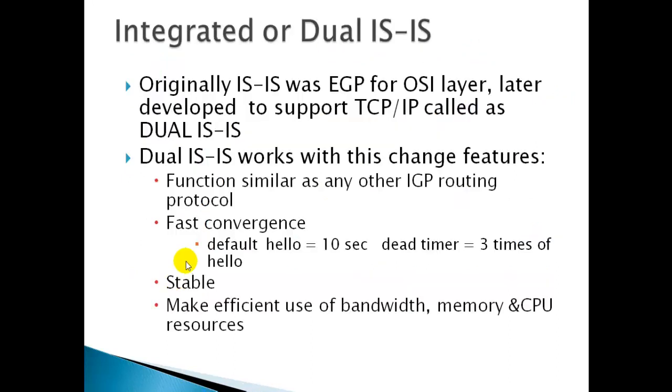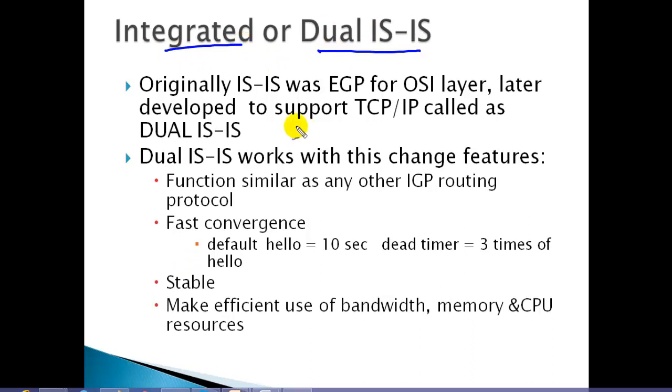As I said, IS-IS has been modified, which we call dual IS-IS, or also integrated IS-IS. IS-IS was initially used as an exterior gateway protocol for the OSI layer. Later it has been modified to support your TCP/IP, which we call integrated or dual IS-IS.